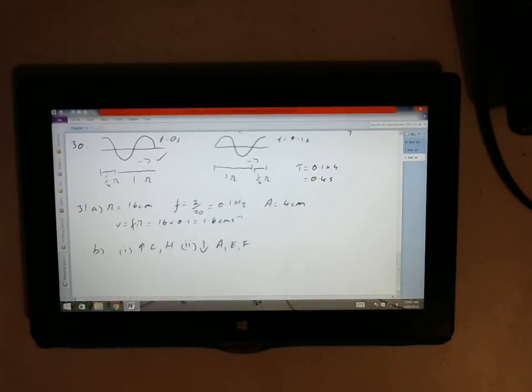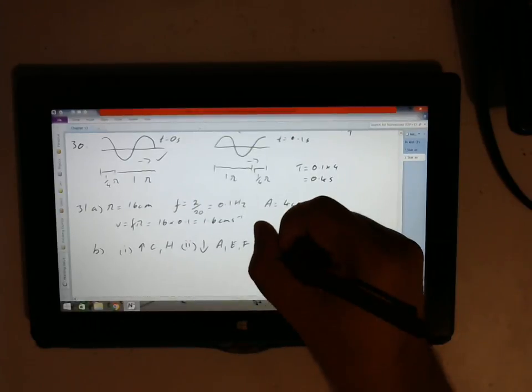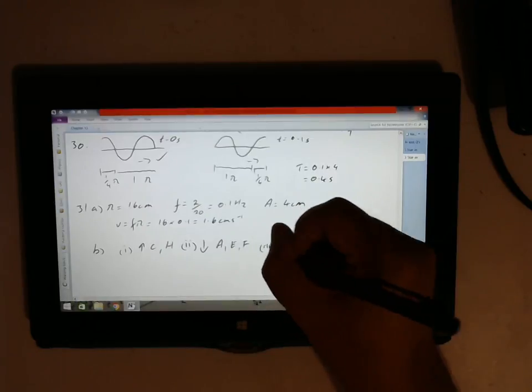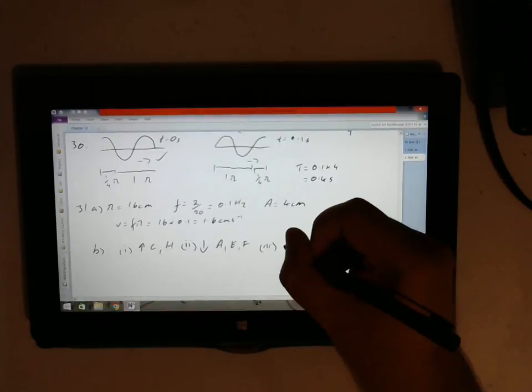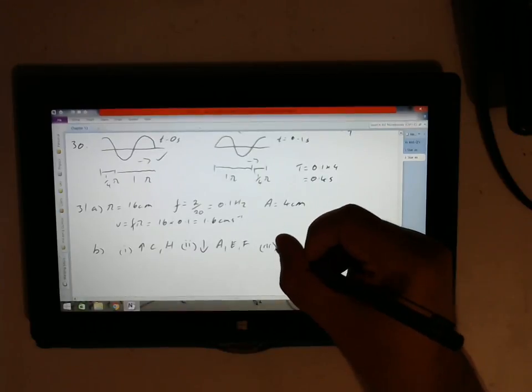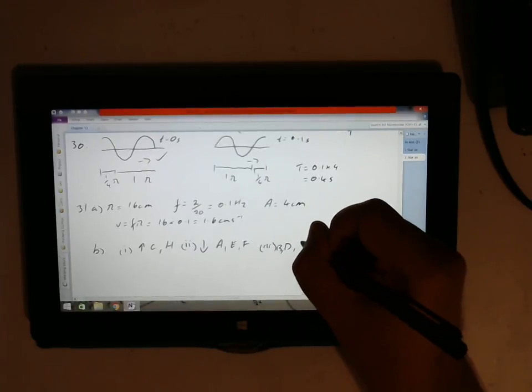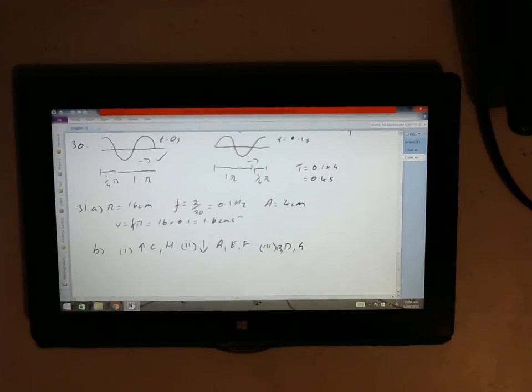Let's see, where's our next bit? Oh, momentarily still. Well, that's going to be anything at a peak or a trough. So B, D, and G are all going to be momentarily still at that point in time.